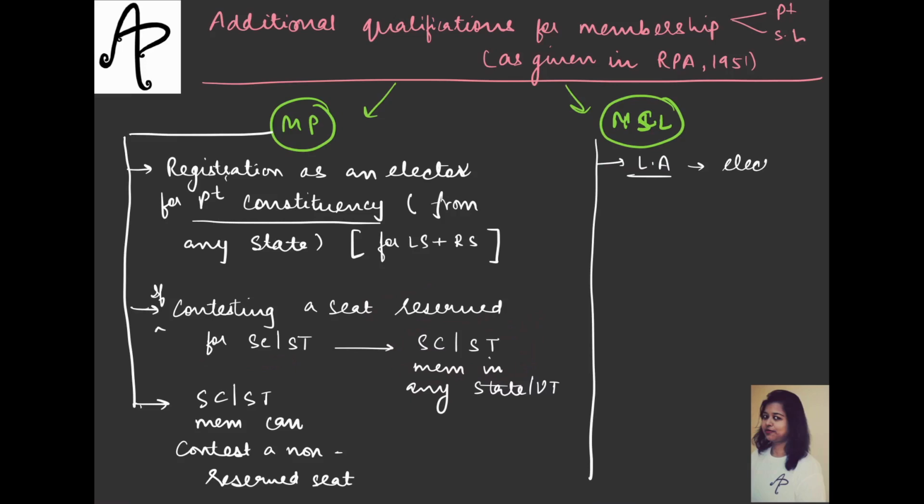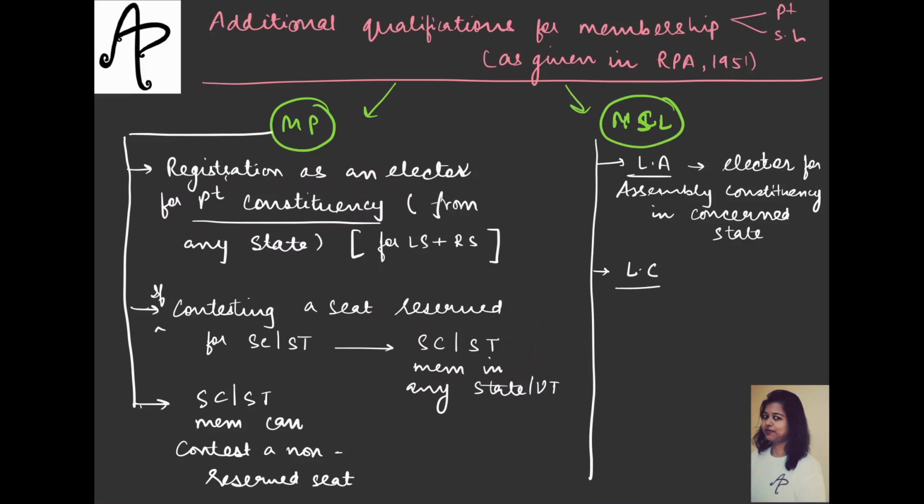So just as here registration as an elector from a parliamentary constituency was needed, here you need registration as an elector for an assembly constituency, ठीक है, in the concerned state. क्योंकि ये तो स्टेट की बात हो रही है ना, असेंबली विधानसभा ये तो स्टेट में है, so of course it will not be applicable from any state. सो जिस भी स्टेट के आप असेंबली के लिए मेंबर बनना चाहते हैं, उसी स्टेट के किसी भी असेंबली कॉन्स्टिट्यूएंसी में आप एज अ वोटर और इलेक्टर रजिस्टर्ड होने चाहिए.